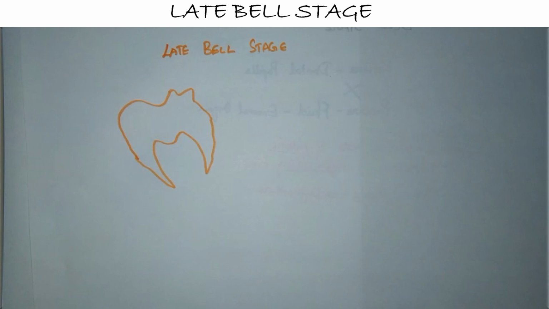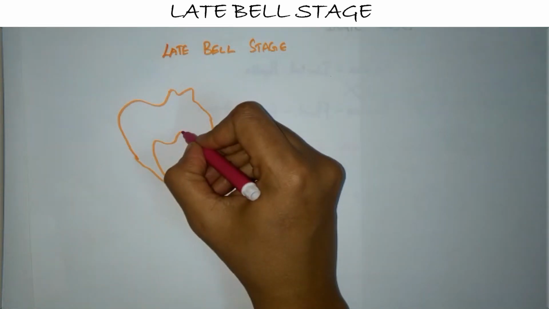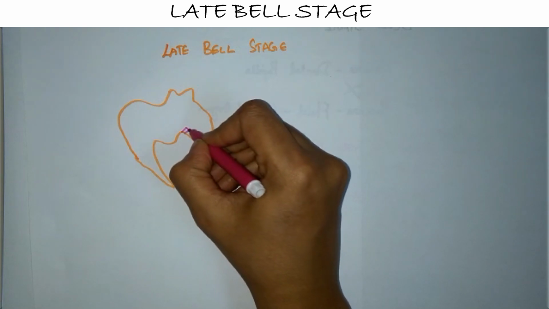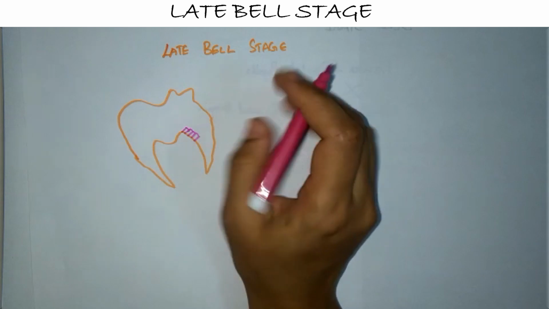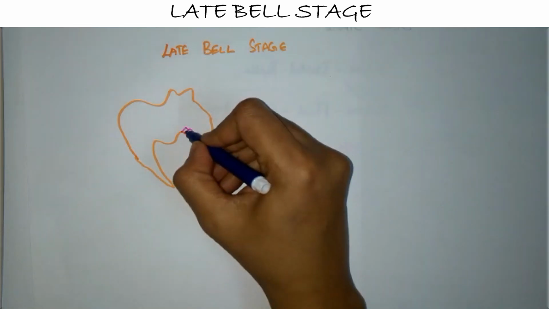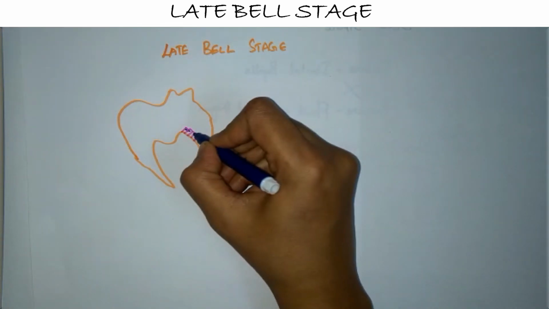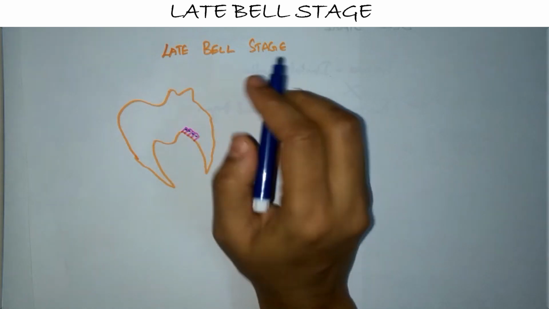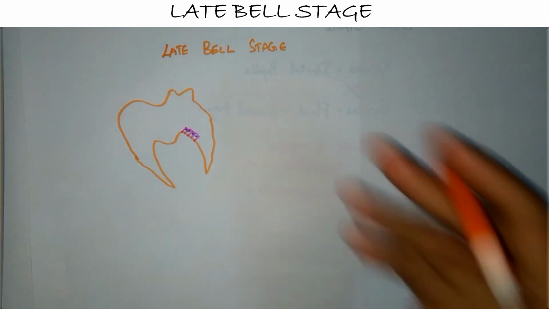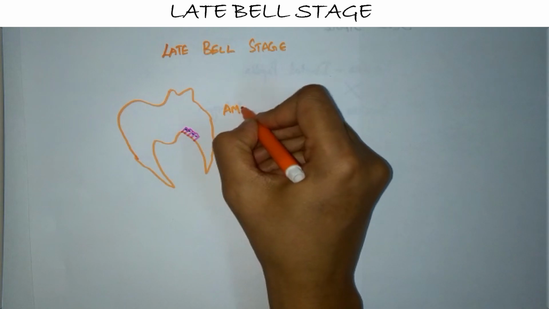Now the cells of the inner enamel epithelium will become tall columnar, and their nuclei are towards the side of the stratum intermedium. When they achieve this phenotype, they are called ameloblasts.